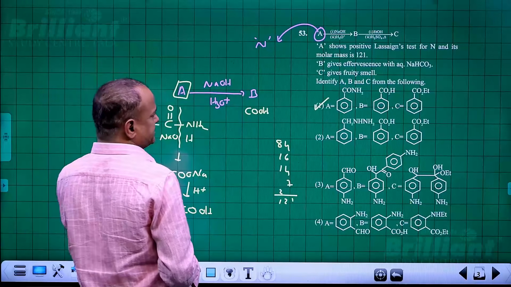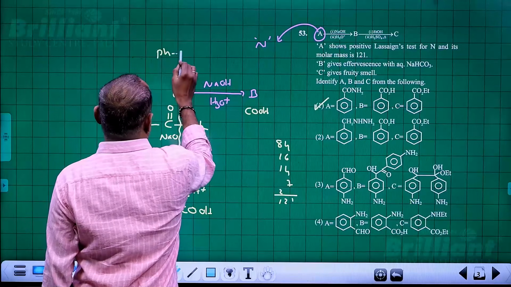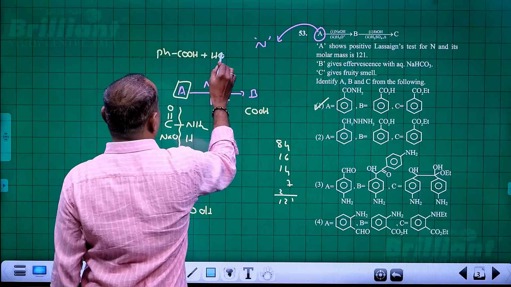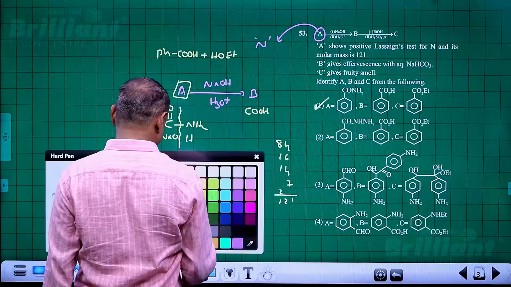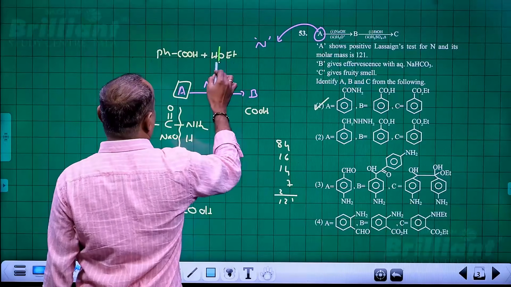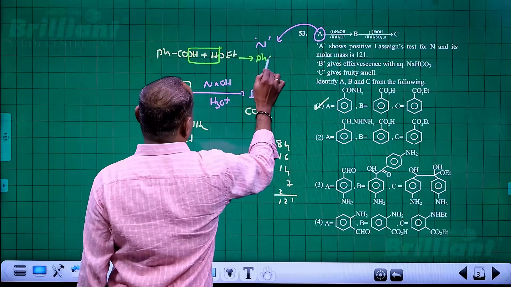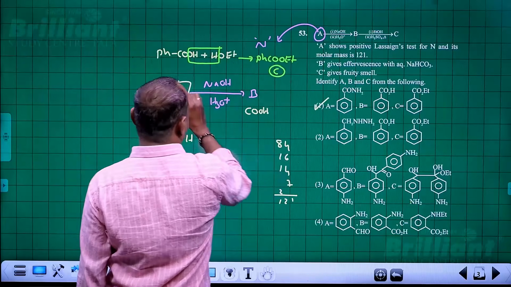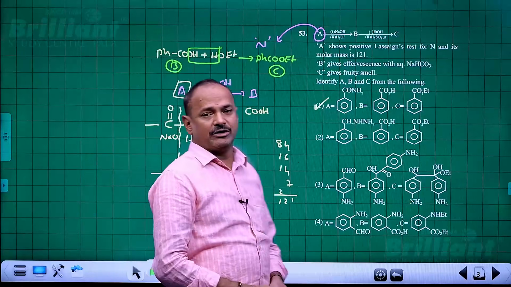C is equal to esterification, that is benzoic acid plus alcohol. PhCOOH plus HOEt. PhCOOEt is called compound C. Because amine plus NaOH, no reaction.